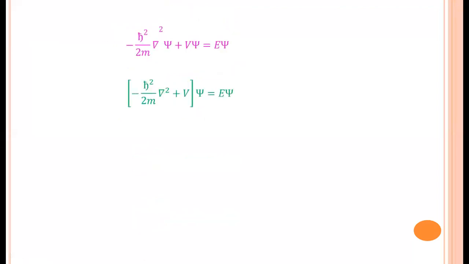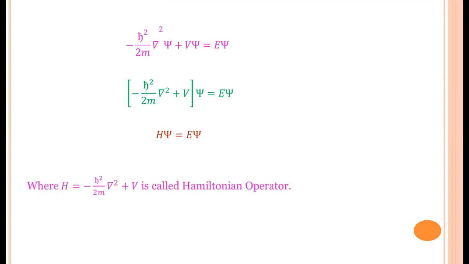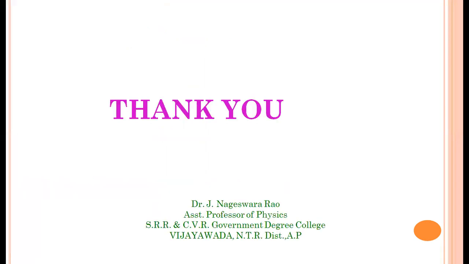Minus (ħ²/2m)∇² + V, acting on ψ, is equal to Eψ. This term, minus (ħ²/2m)∇² + V, may be taken as H. That is called the Hamiltonian operator, where the Hamiltonian operator H is equal to minus (ħ²/2m)∇² + V.